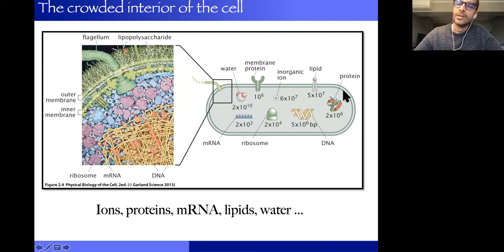The take-home picture is the one on the right here. I have lipids, I have proteins, I have DNA, I have ribosomes. These are the things that generate proteins. I have messenger RNA, water molecules, membrane proteins, ions, all this in this 1 micrometer cube space.